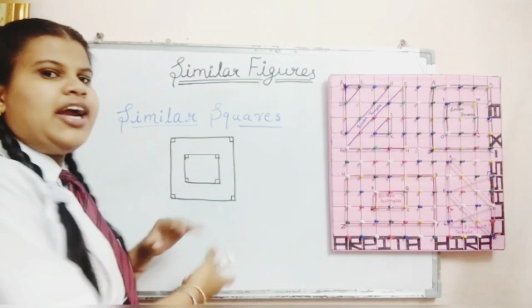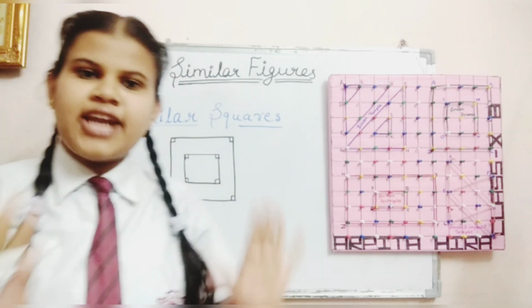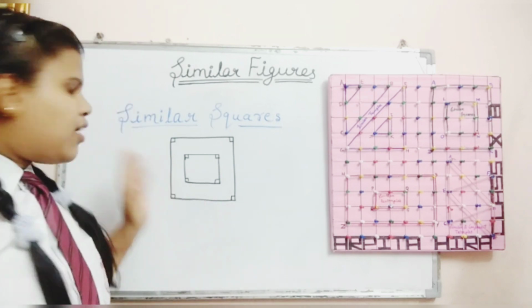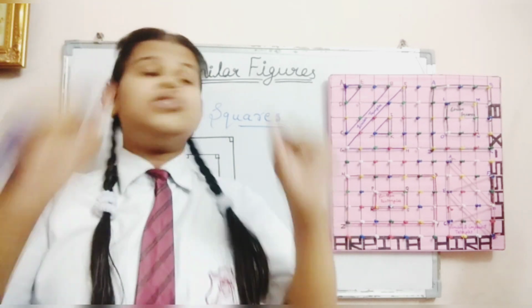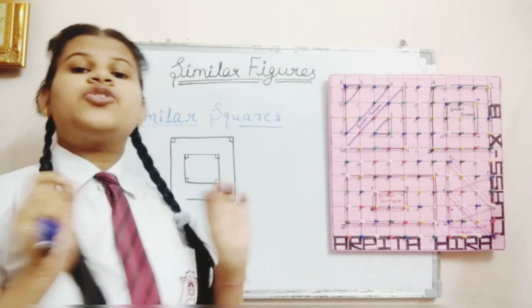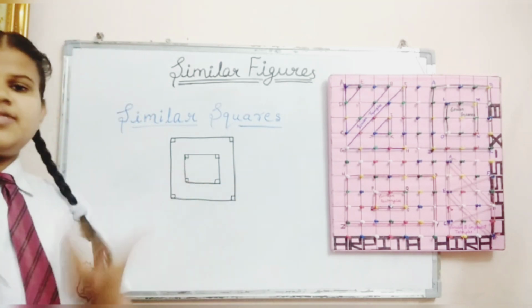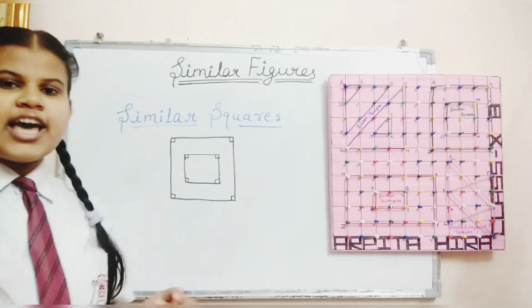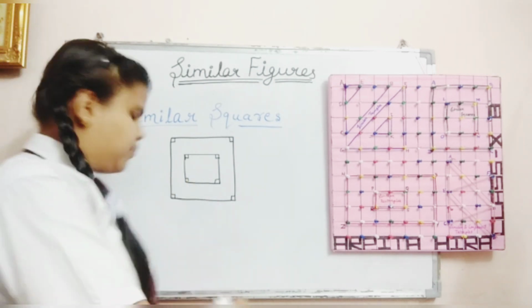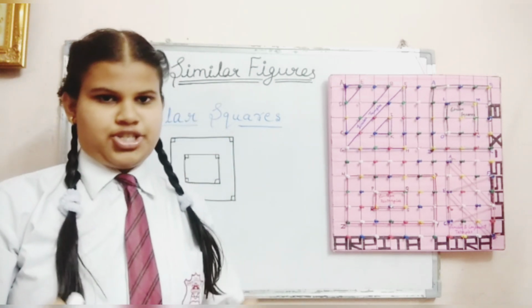So whether you rotate it or do something with it, it will remain 90 degree only. And about its sides, we know that all the sides of a square are equal. So if you take a square of some size and another square of different size, they will always be proportional.